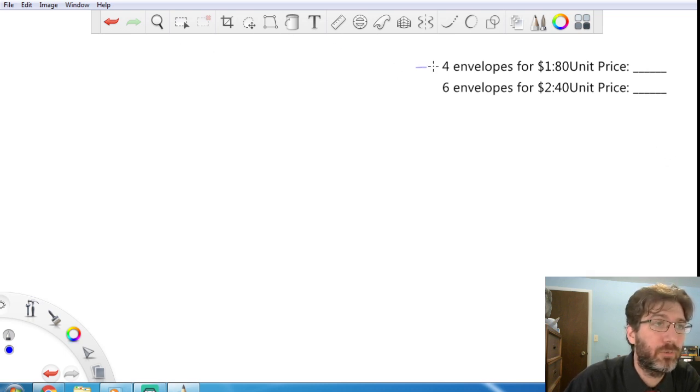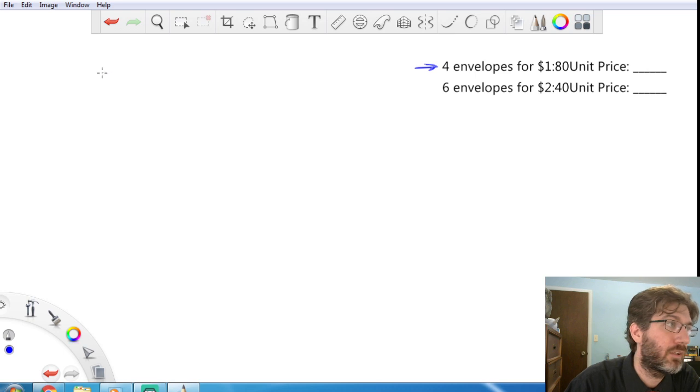We can look at this one first, and again, different ways to find the unit rate. You want 4 envelopes for this much dollars. Really, I want the unit price, so I want to know how much one envelope costs.